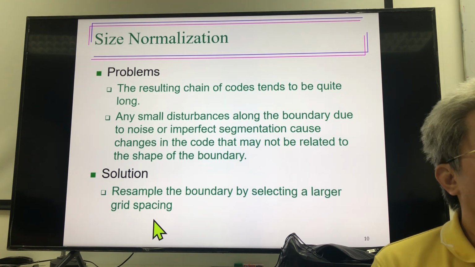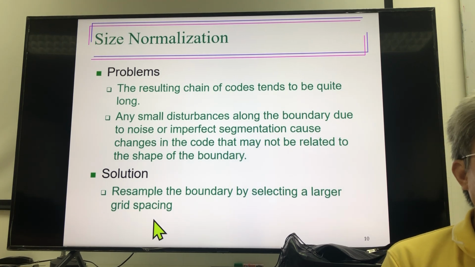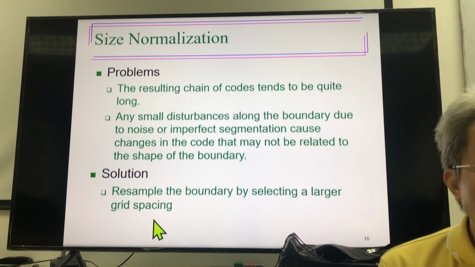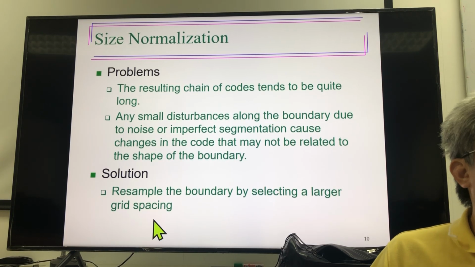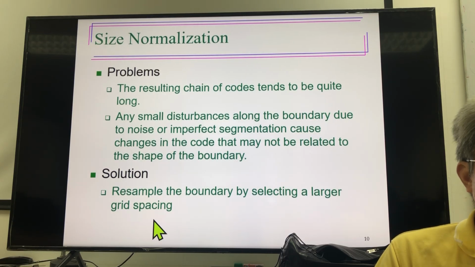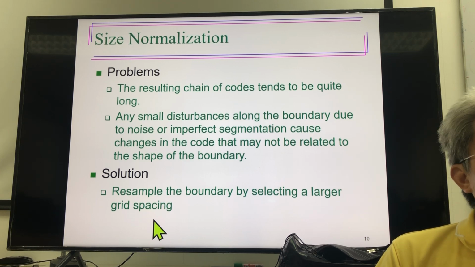However, there are some problems with the chain code. The resulting chain code tends to be quite long. First of all, the chain code of an object is usually long, and any small disturbances along the boundary due to noise or imperfect segmentation may cause the chain code to be different, even though it should be the same.